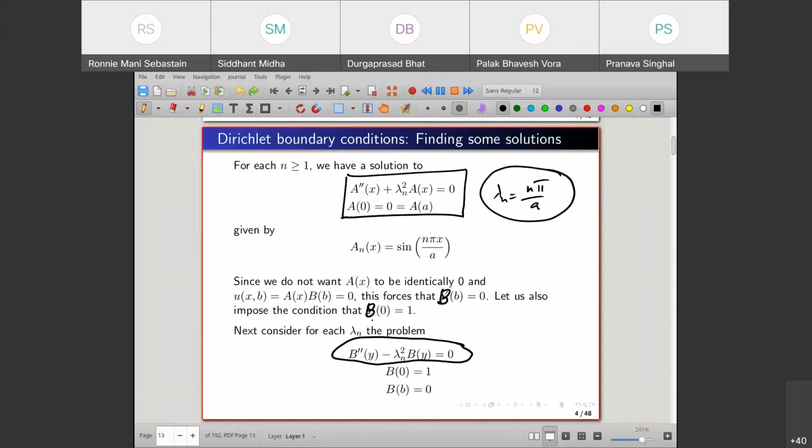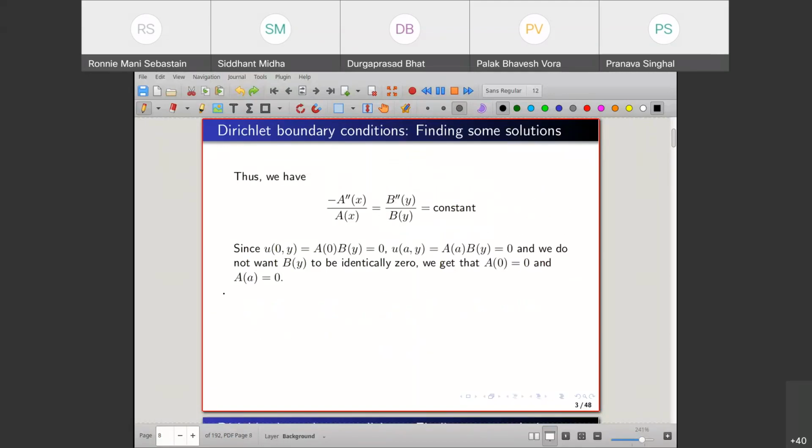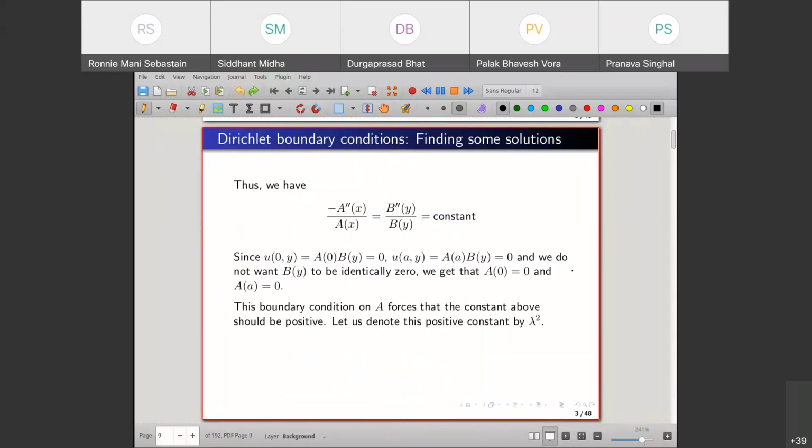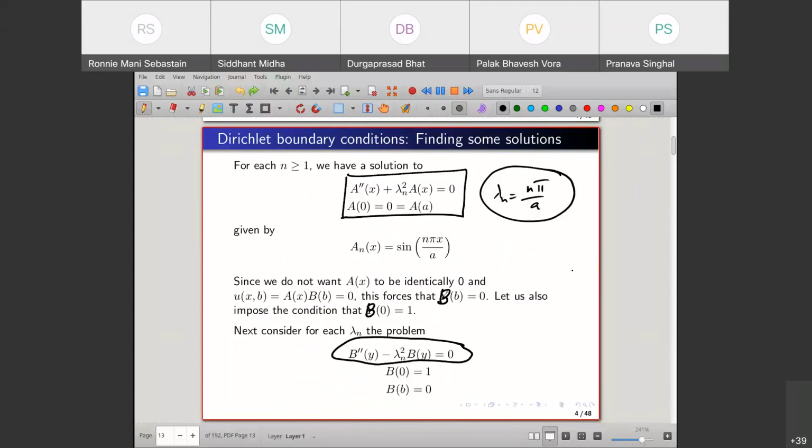Now we look at condition 4. What does this condition 4 say? It says that u of x comma b is equal to 0. But this implies that a of x times b of b is equal to 0. So therefore the problem we want to solve for b is this problem.